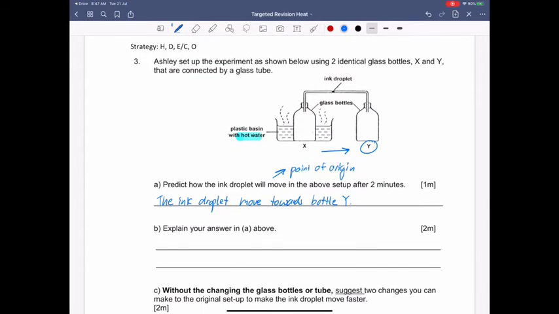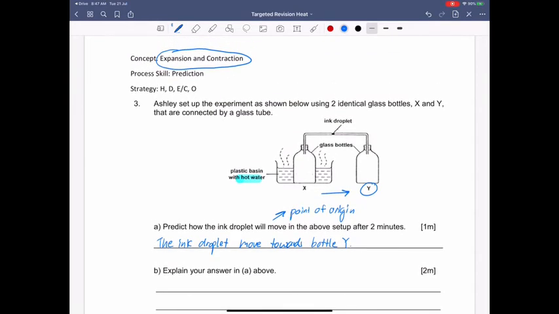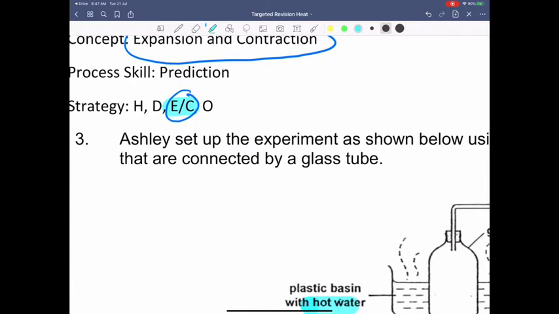Explain your answer in A above. Now, when you are attempting an expansion and contraction question, the same HDO strategies actually apply, except that there is an additional element known as E or C. E actually stands for expansion, and C actually stands for, you got it, contraction.